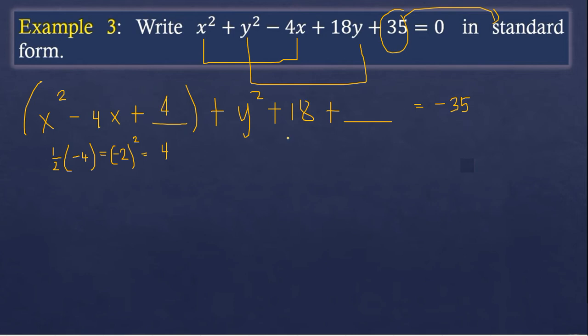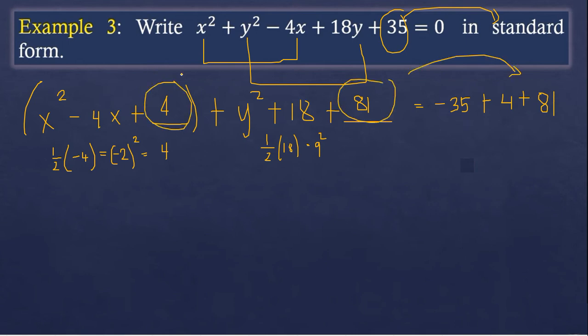How about this one? What is 1/2 of 18? It's 9. And what is 9 squared? 81. Again, so 4 and 81, plus 4 plus 81. Using the completing the square, don't forget to add in the last term. Pagsamahin natin yung mga constant number.